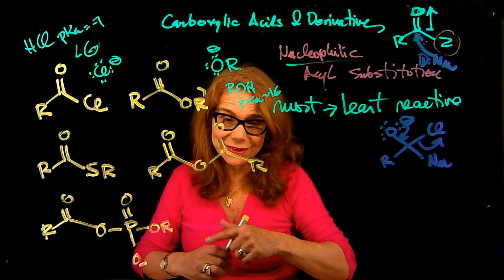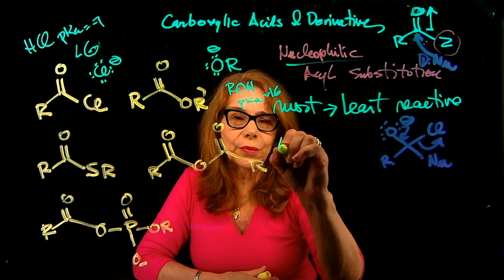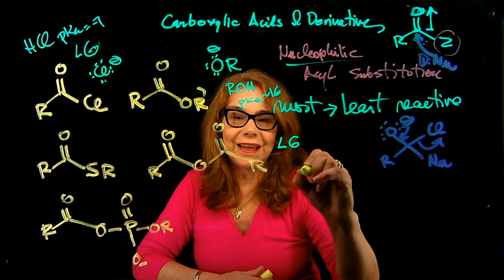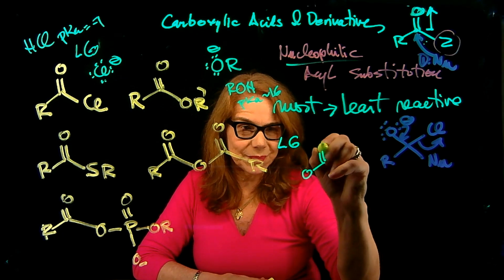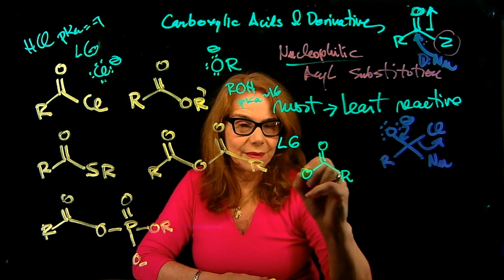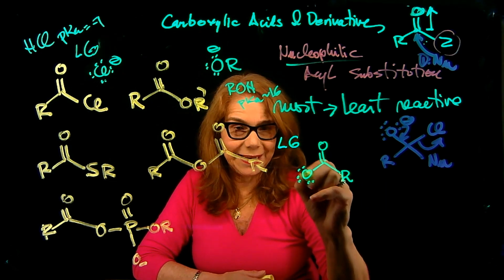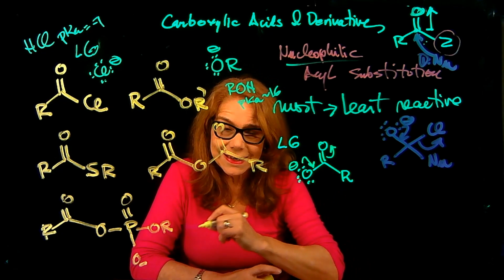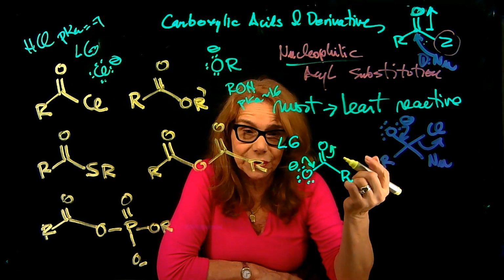When you do the same for the anhydrides, the leaving group is not a chloride or an alkoxide, it will be a carboxylate. A carboxylate is resonance stabilized, so it's another good leaving group.